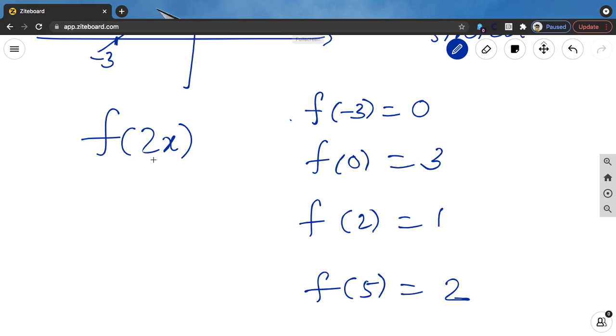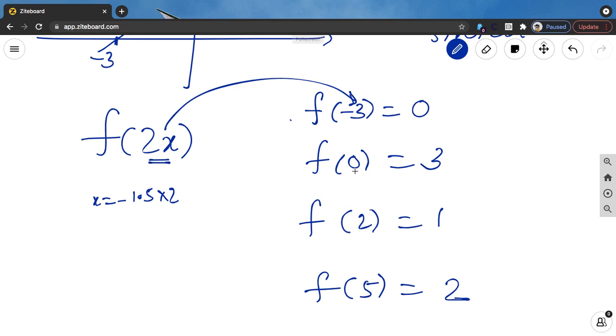But instead of giving x now, I am giving 2x. What value should x have if I have to see minus 3? Well, x should be minus 1.5 so that times 2 the function will think it has got minus 3.